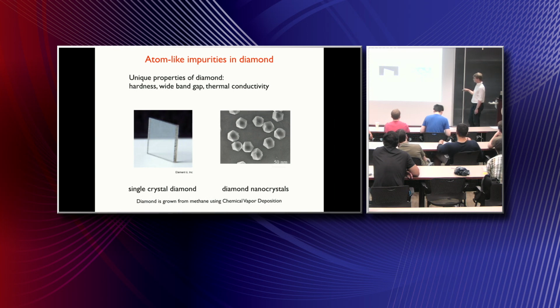You can have single crystals grown artificially in a chemical vapor deposition process, or you can start with diamond powder, so-called diamond nanocrystals. Inside these materials, you can introduce defects by, for example, bombarding the diamond samples with nitrogen ions.